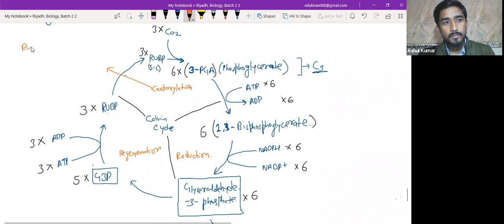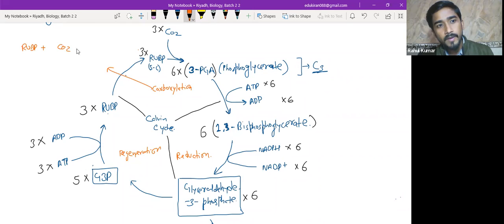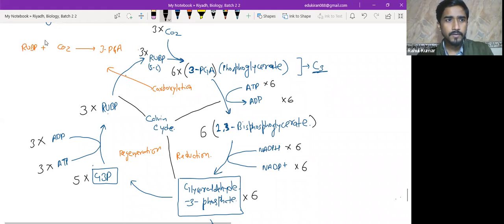So it's RuBP plus CO2 to make what? 3-PGA, right? 3-phosphoglyceric acid. Is it clear? And we know that it's 3 RuBP plus 3 CO2 to give rise to 6 3-PGAs, correct?